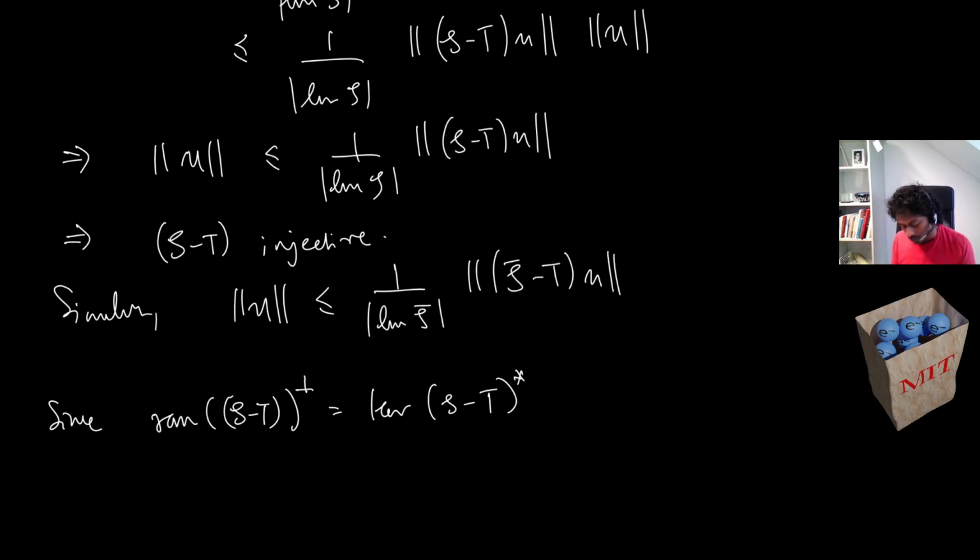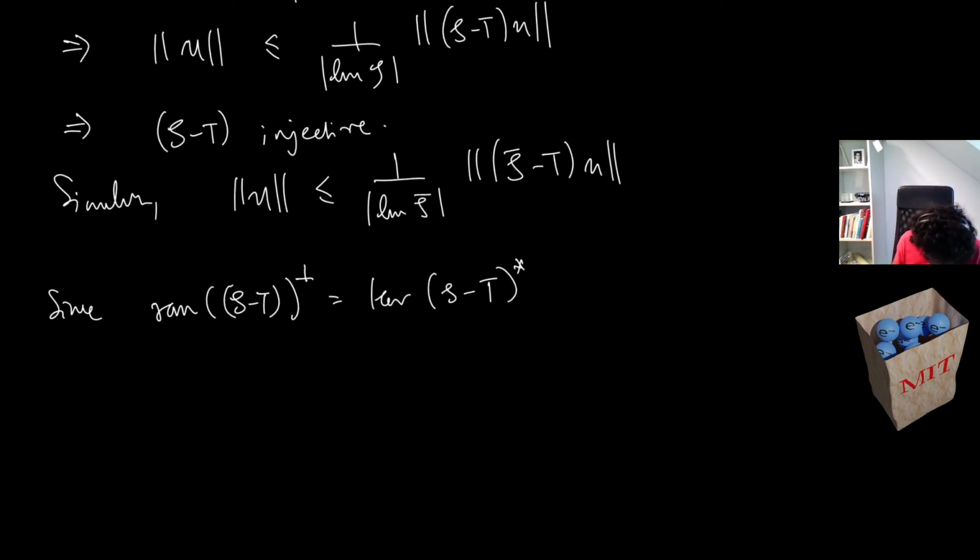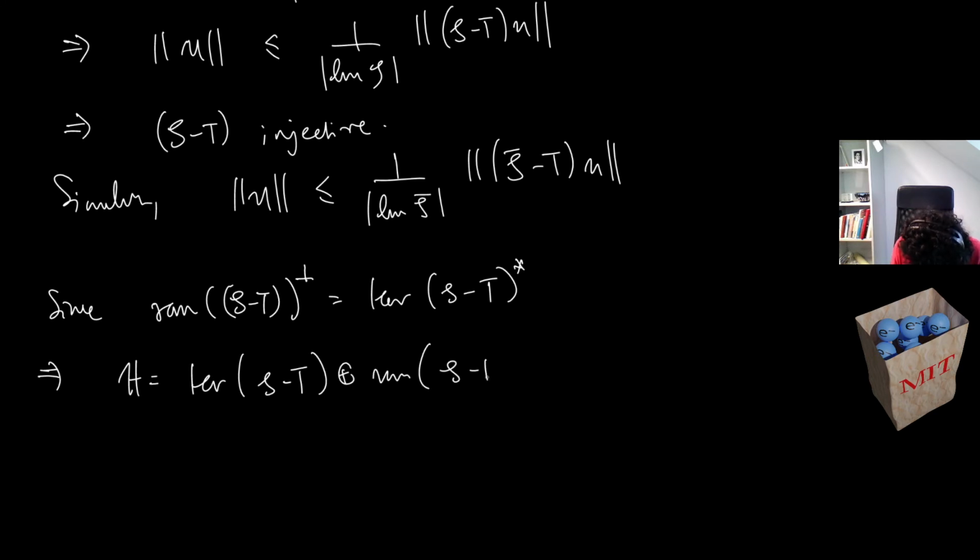Because all we assumed about zeta was that it was outside of the real numbers. So then we get that H is equal to the kernel of zeta minus T plus the range of zeta bar minus T adjoint, but of course the adjoint is equal to itself, and this is closure, right?